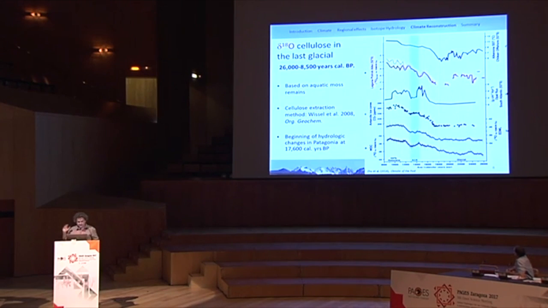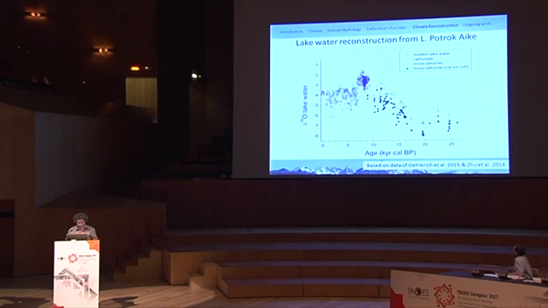And I have to say that we used a special cellulose extraction method which really provides pure cellulose, and so there are no biasing effects as in previously applied methods for the cellulose extraction from sediments or plants. And we can combine this record in green with the carbonate isotope record.